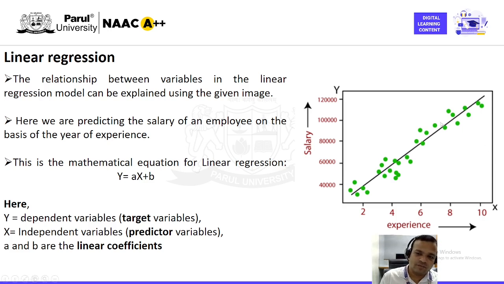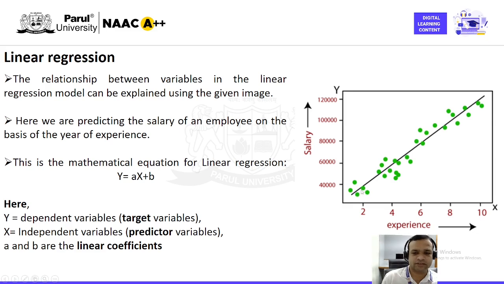We try to make a model with the best fit line. Whenever this line is created with the help of the predictor model, almost all data points will lie along that particular line.